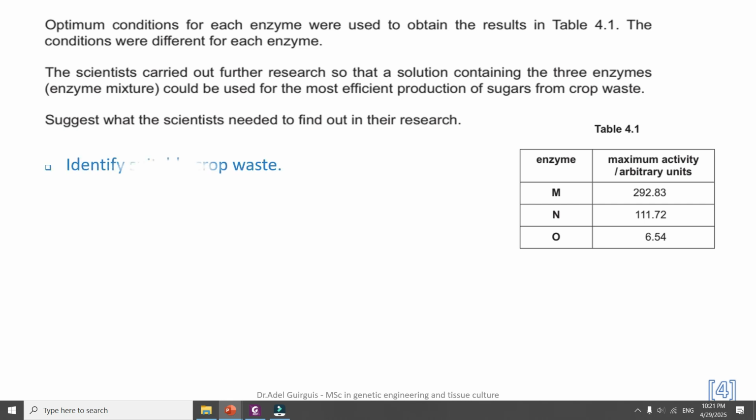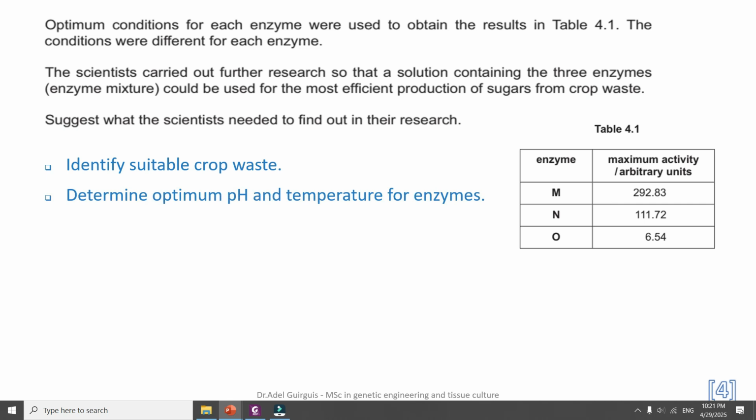Firstly, the scientists need to identify suitable crop waste, which waste creates the most efficient production of sugar. Which crop waste? Okay, identify suitable crop waste that produces the most sugar.